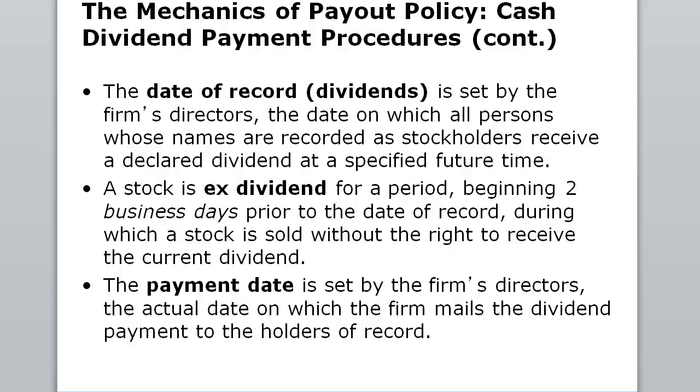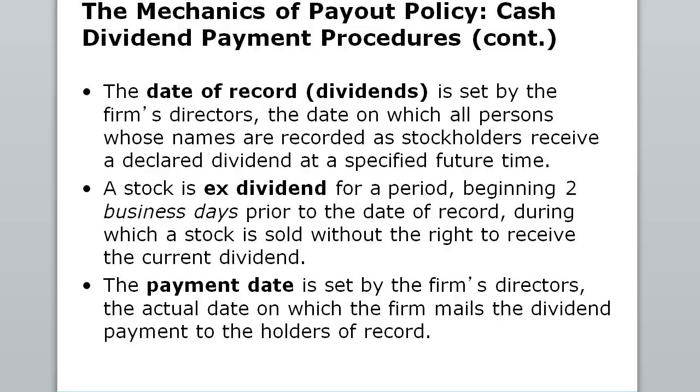Now, the firm's ex-dividend period begins 2 business days prior to the date of record. So if the date of record is Friday, March 10th, then 2 days before would be the ex-dividend date, during which the stock is sold without the right to receive the dividend. And this is generally due to 2 days of processing.